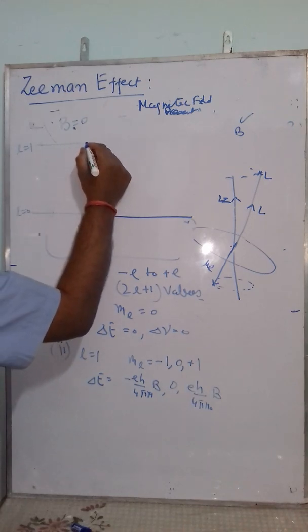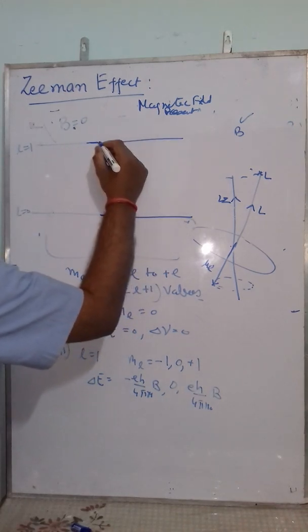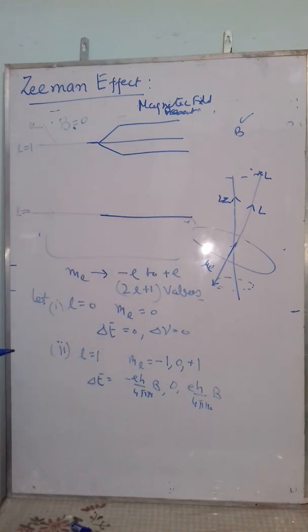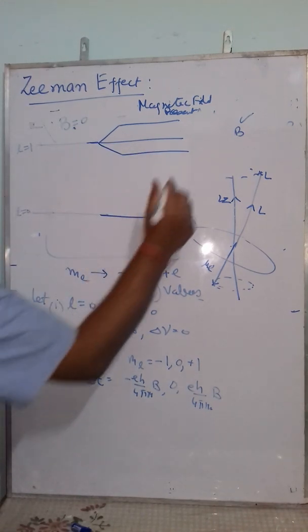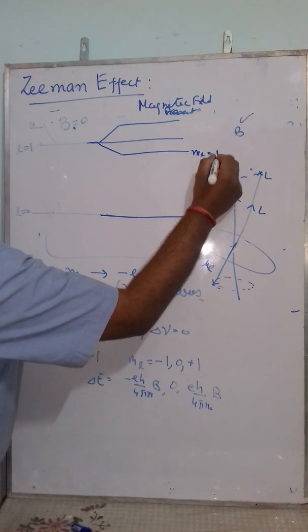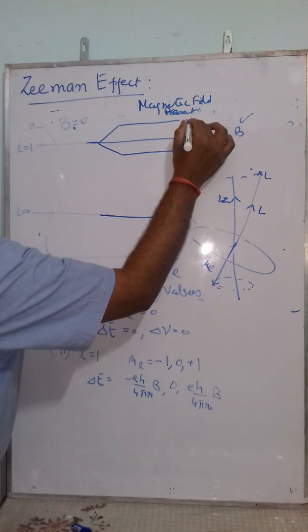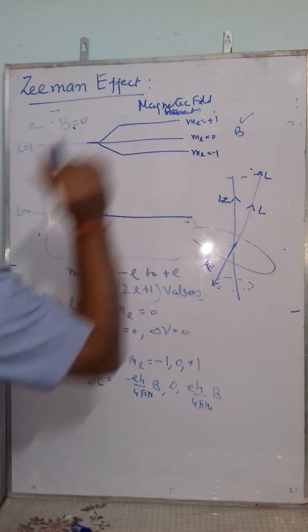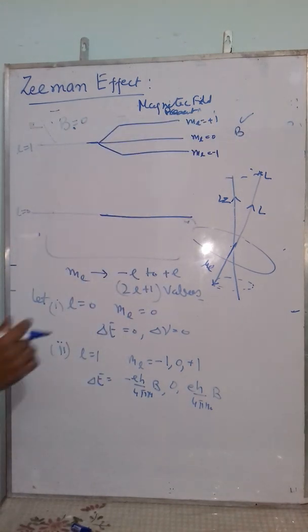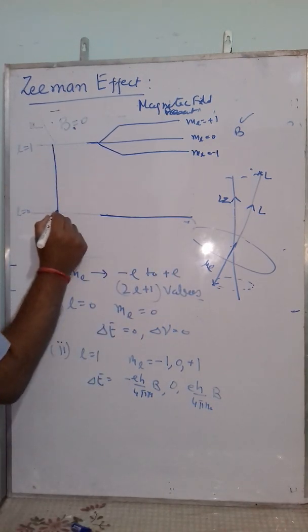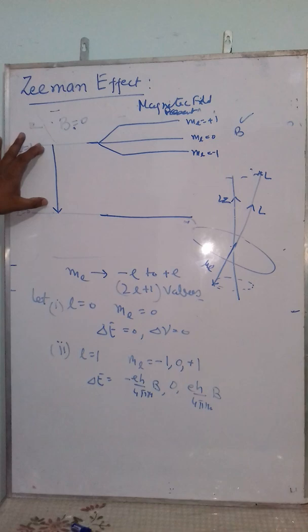But the L equal to 1 level will be divided into three states: m_l equal to minus 1, m_l equal to 0, and m_l equal to plus 1. Right? So the transition, here we are getting a single line, a single transition from L equal to 1 to L equal to 0.